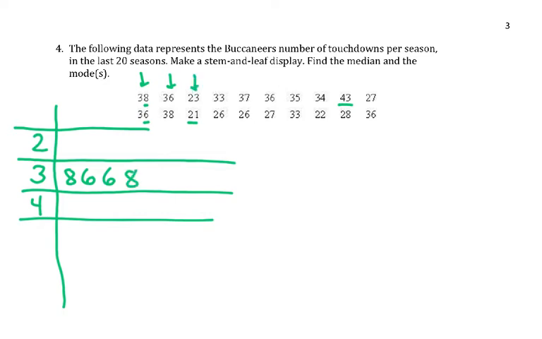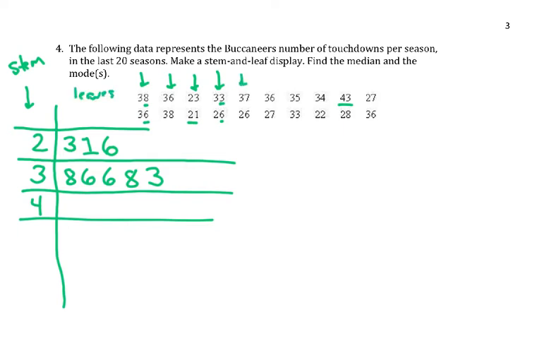Now I'm looking here. 2, 3, 2, 1. Now I'm looking here. 3, 3, 2, 6. So we're just writing the second digits as the leaves. This is the stem, and these are the leaves.